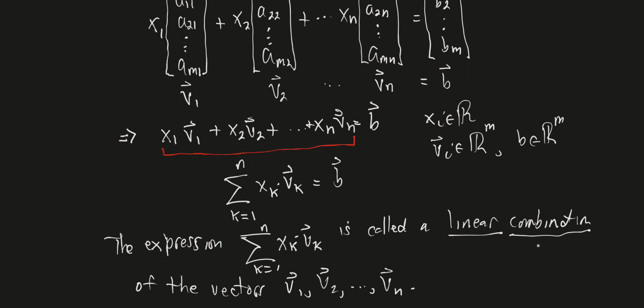Basically, a linear combination is where you are allowed to do two basic operations. You are allowed to scale each vector by its own constant, and then you're allowed to add those products together. So a linear combination consists of two of the most basic vector operations: scalar multiplication and vector addition, which is the same as matrix addition.